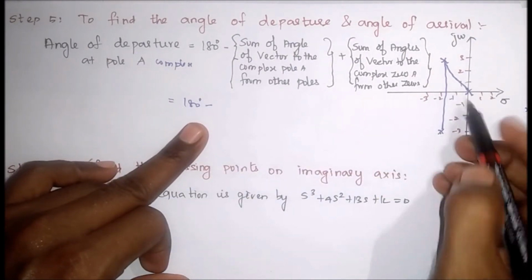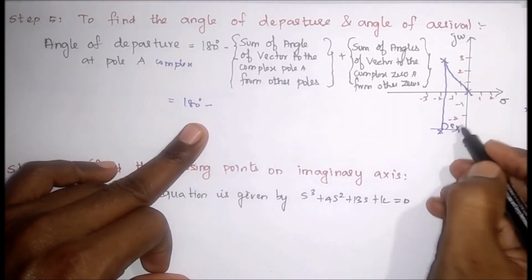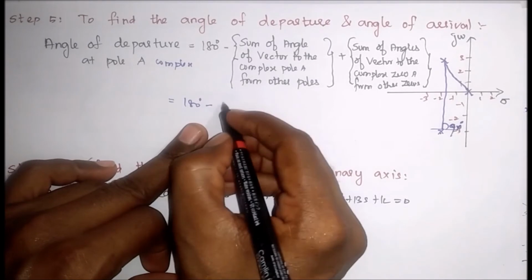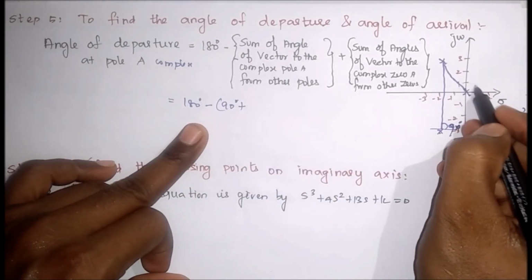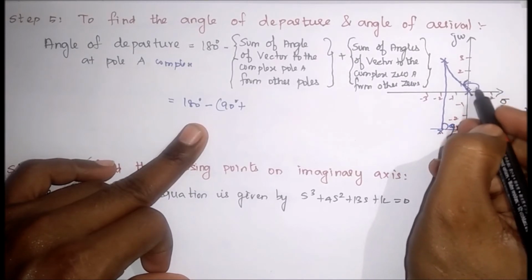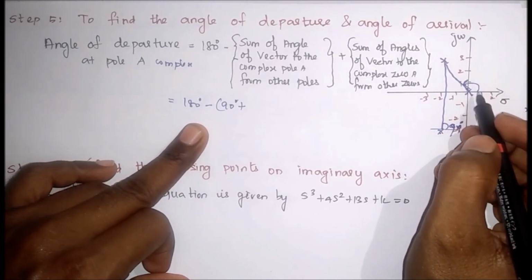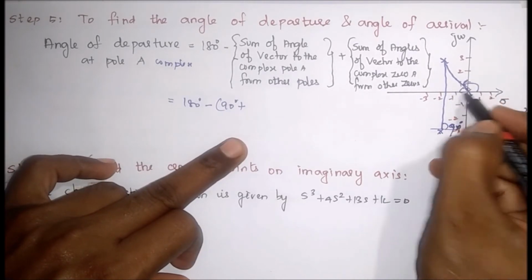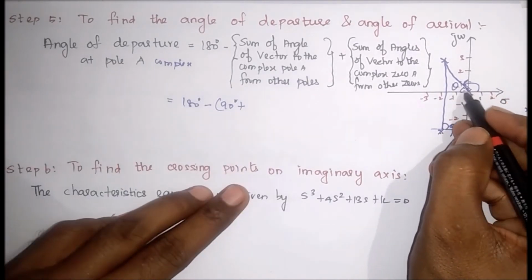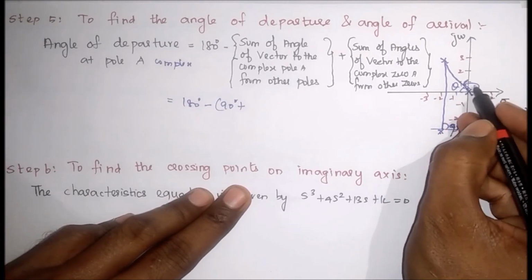Therefore, here the angle is 90 degree. Therefore, 90 degree plus the angle here, which we have to find. We cannot directly find this angle, but 180 minus this angle equals this angle.